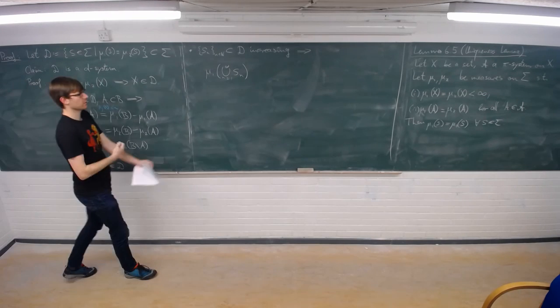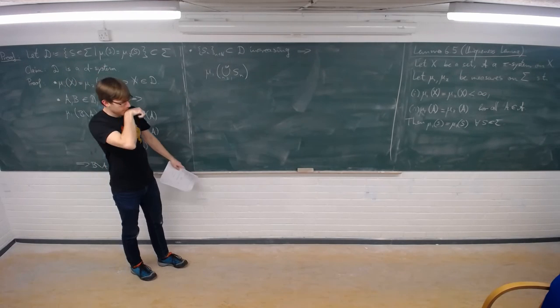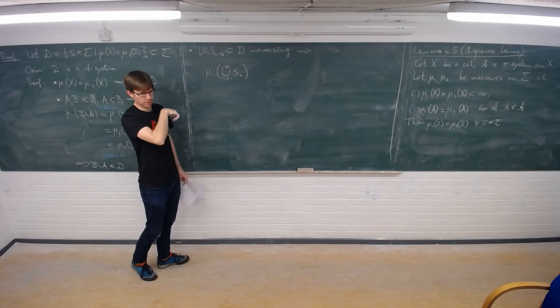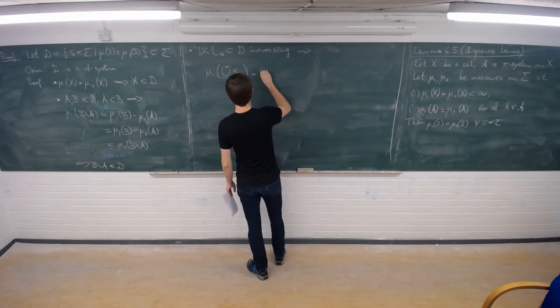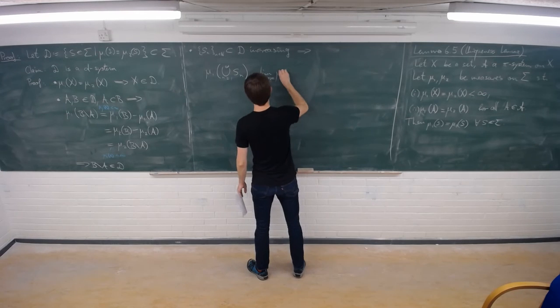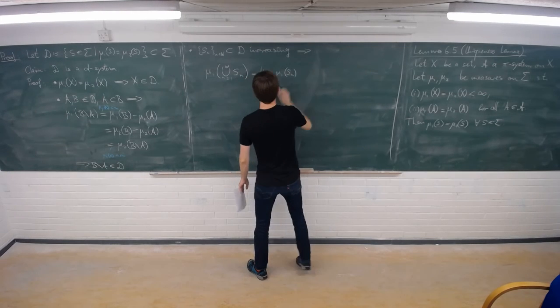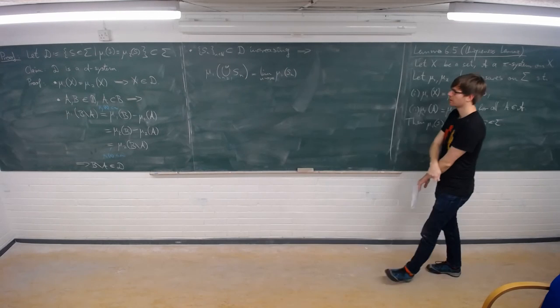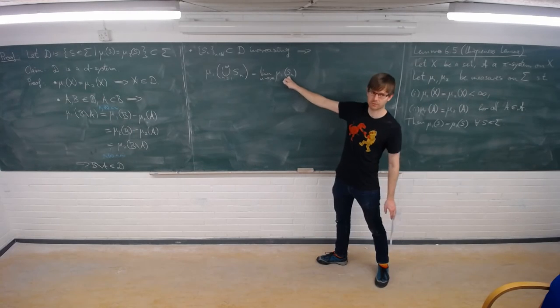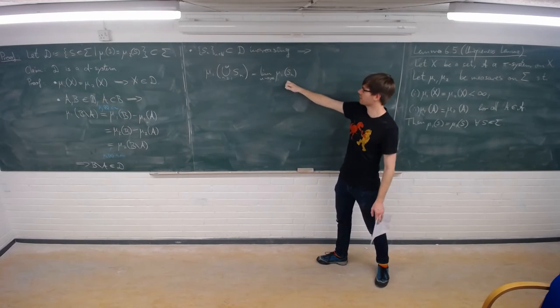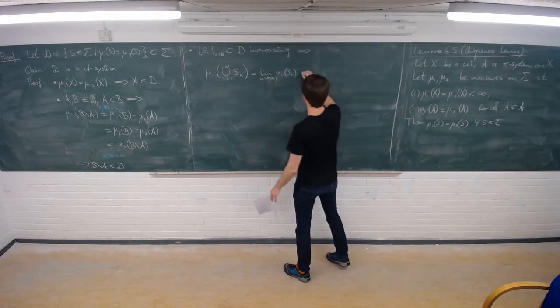Now, because the Sn are increasing, we can use the monotone convergence theorem for sets. And then this is equal to the limit n to infinity of mu1 of Sn. And now, because mu1 and mu2 agree on every individual Sn, I can replace mu1 by mu2.